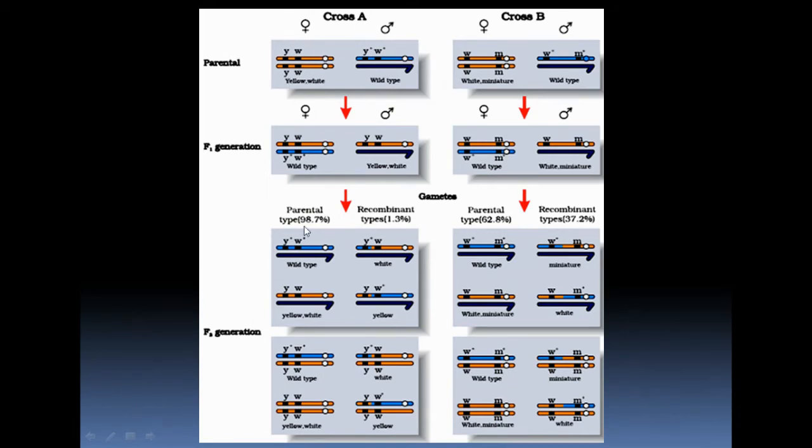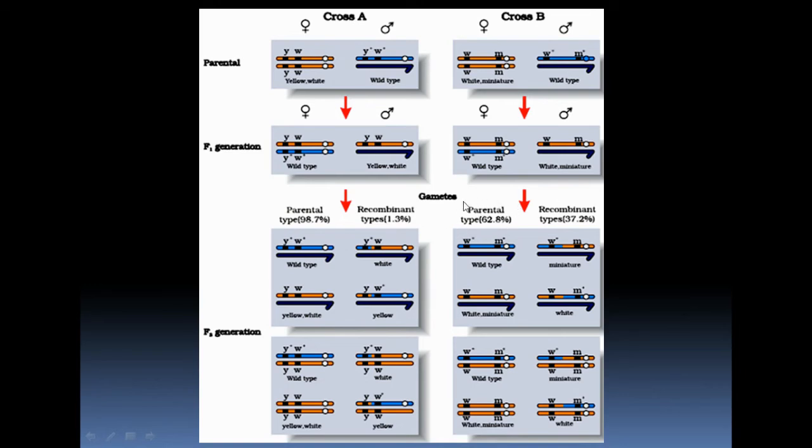If you see the F2 generation, parental types are 98.7%, whereas recombinant types are only 1.3%. That means it is quite a deviation from Mendel's law, and parental types are quite high.